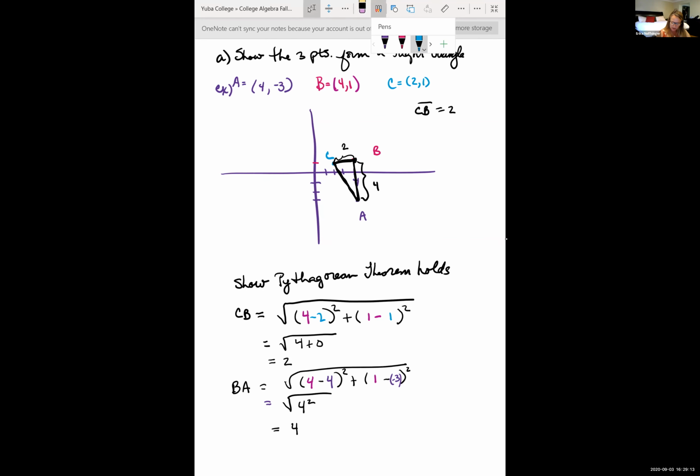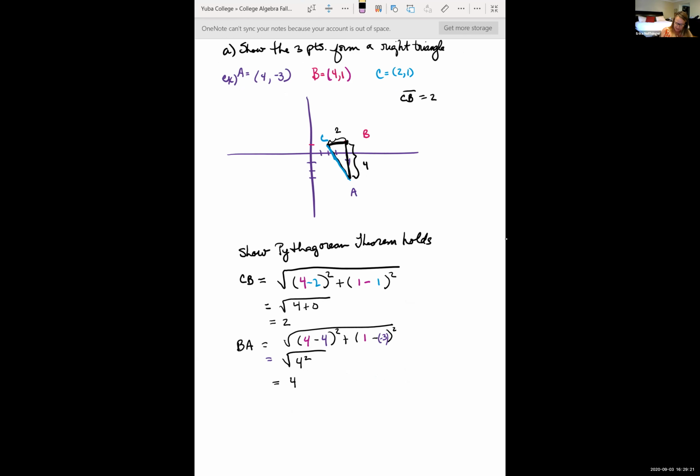And then the last one we want to look at, and this is the most important part, this is our hypotenuse. We want to look at CA, that length.